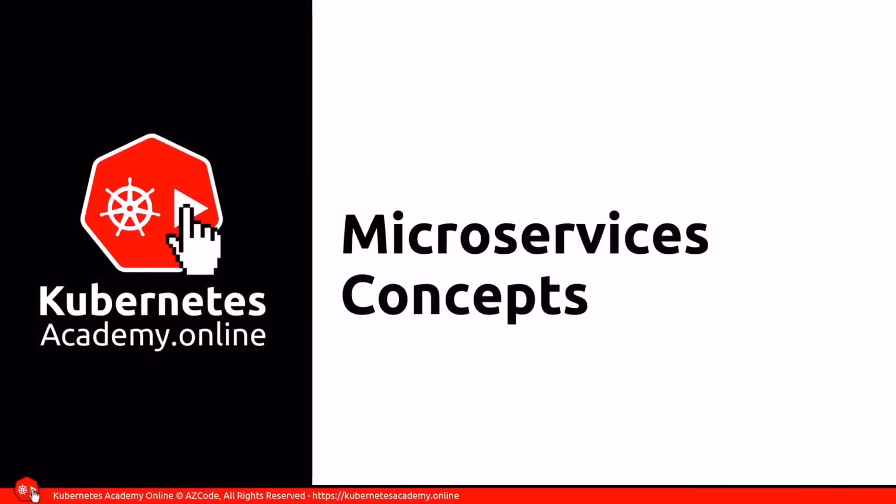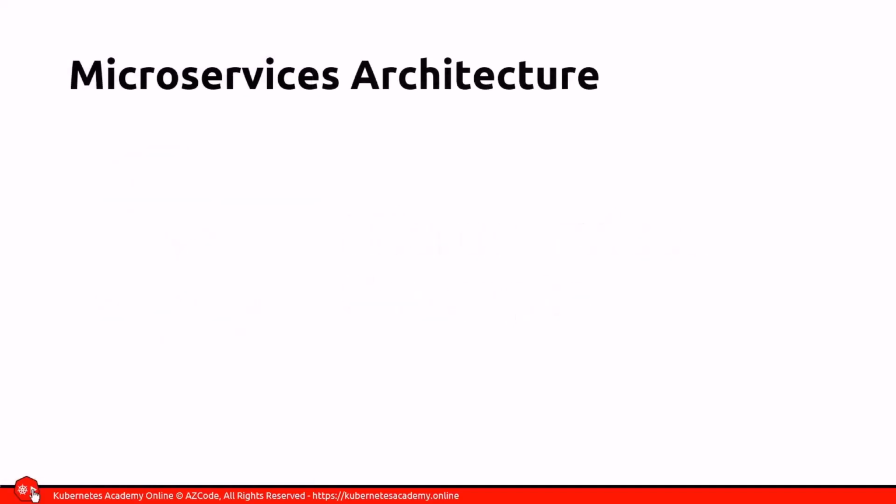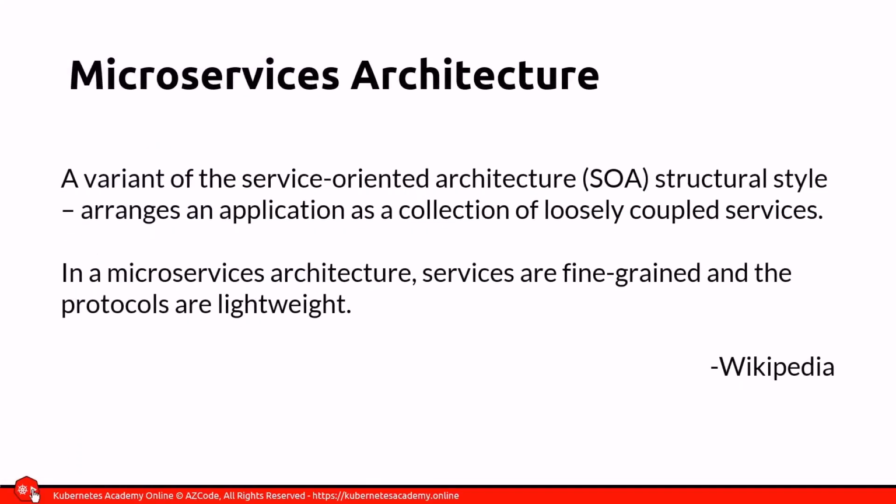Let's talk about the microservices concepts. If we head to Wikipedia and take a look at the definition that we find over there, it says that it's a variant of the service-oriented architecture, or SOA, a structural style or architecture, and that it arranges an application as a collection of loosely coupled services.